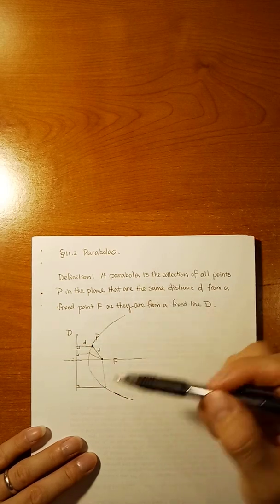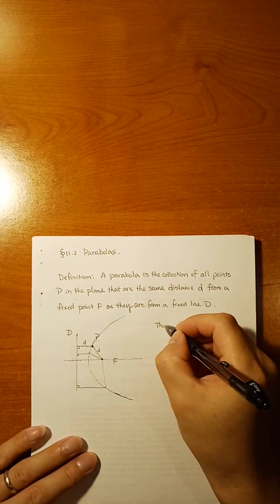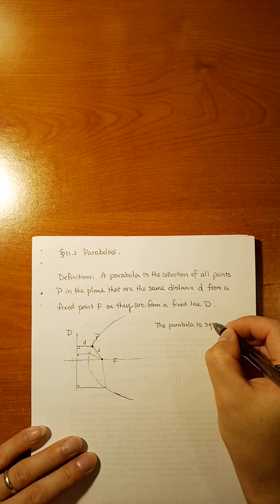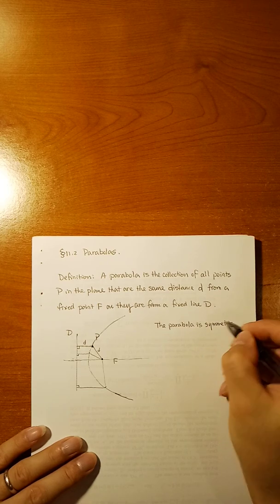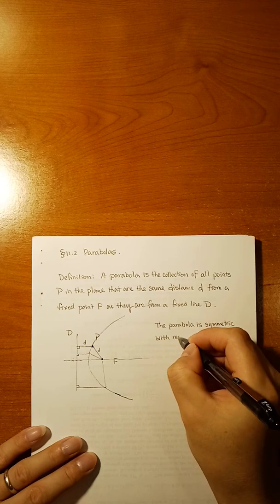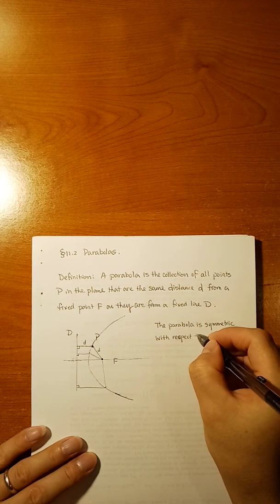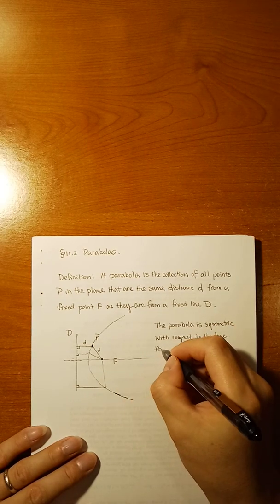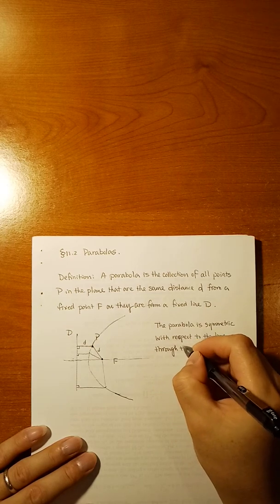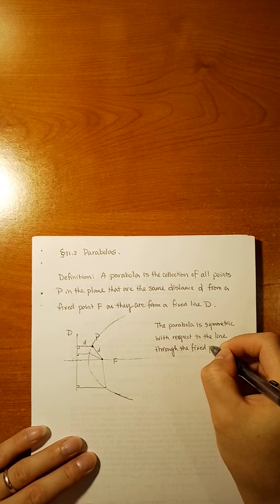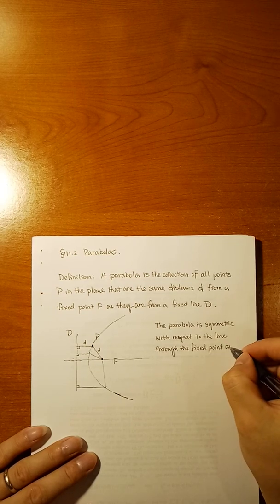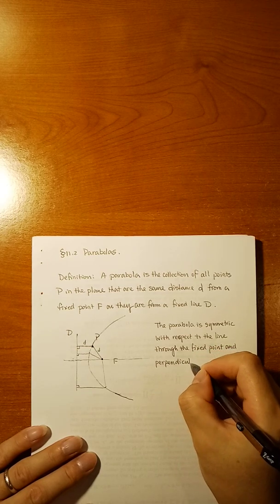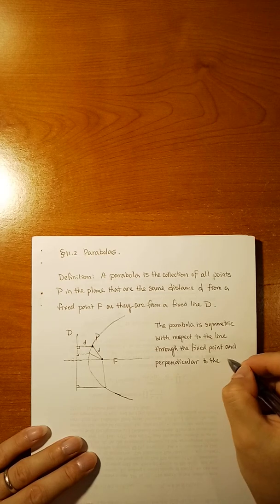So the graph of the parabola is symmetric with respect to the line through the fixed point and perpendicular to the fixed line.